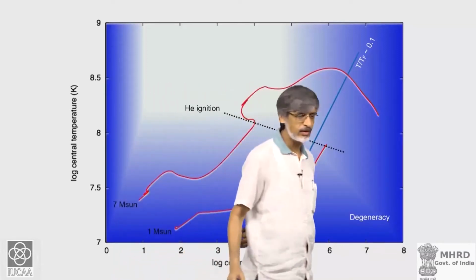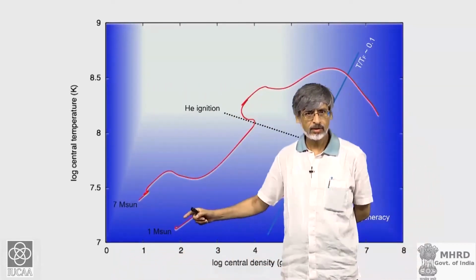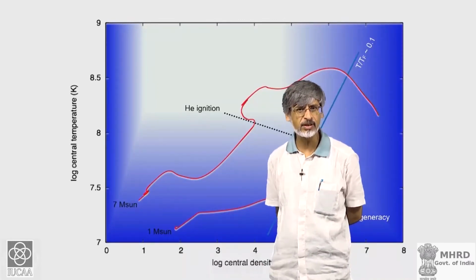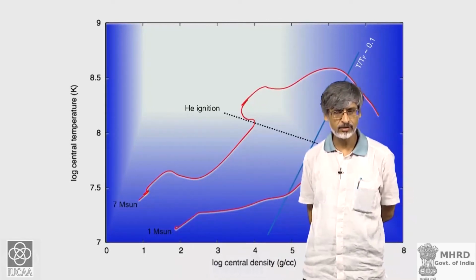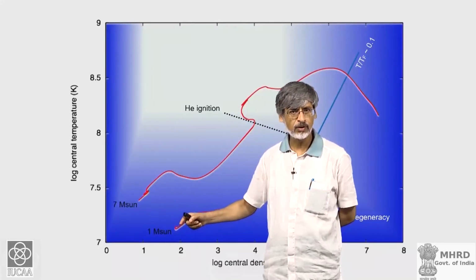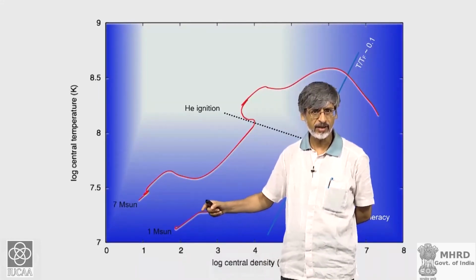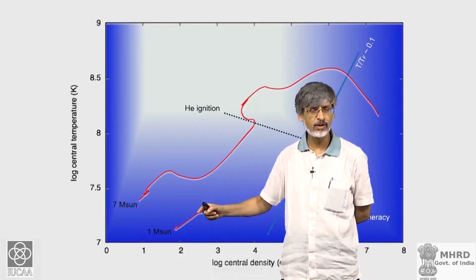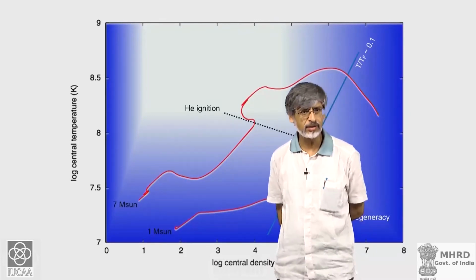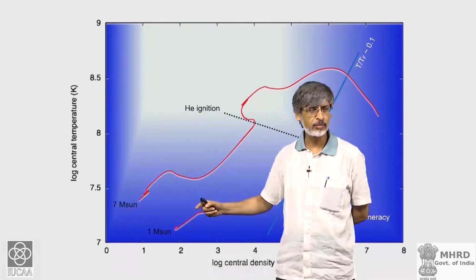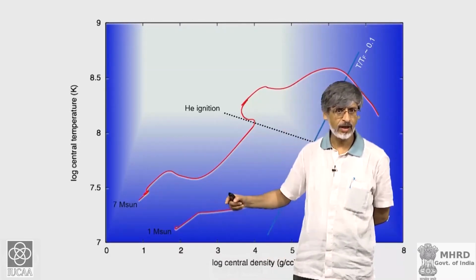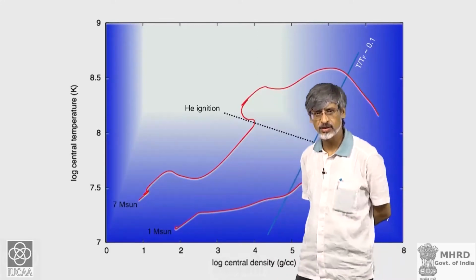As we already discussed, the star starts with a certain value of central density and temperature, where hydrogen burning is going on, and once the hydrogen is exhausted, the core will begin to contract. As the core contracts, its density will rise, and as a consequence of the virial theorem, temperature will rise as well. So the star will follow these diagonal trajectories up in this diagram.